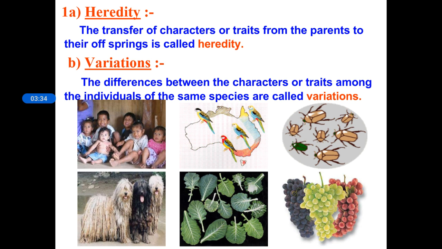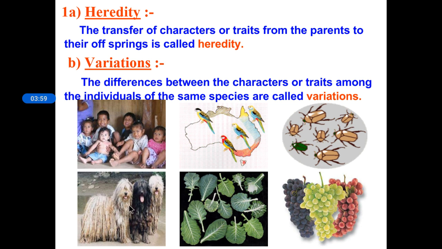Then comes what is variation. This we have already discussed in our last chapter. Variation means the differences or changes between the characters or traits among the individuals of the same species. Here you can see a group of children sitting, and you can see the color differences in them.